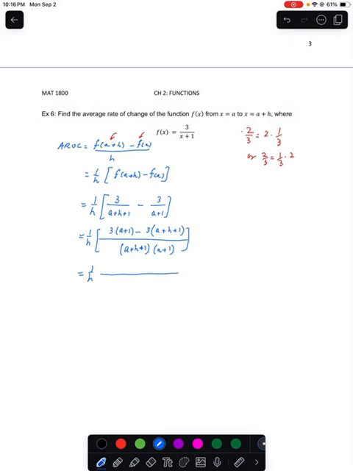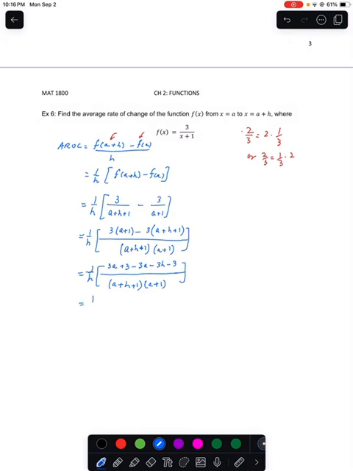Note here, we will not disturb the denominator. We will leave the denominator as it is. We will not multiply it out. But in the numerator, we have to simplify. So we expand, distribute: 3a plus 3 minus 3a minus 3h minus 3. Remember, the negative sign will distribute.